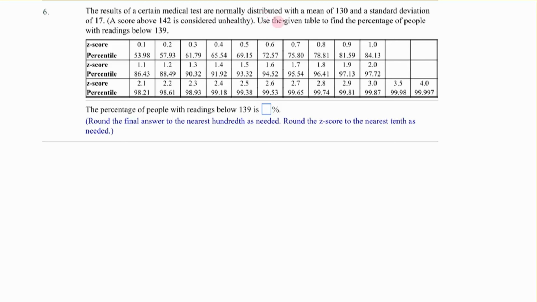Use the given table to find the percent of people with readings below 139. They did not give me below a z-score. They said below a score. I have to convert my score to a z-score. So the first thing I have to do is find the z-score for 139.